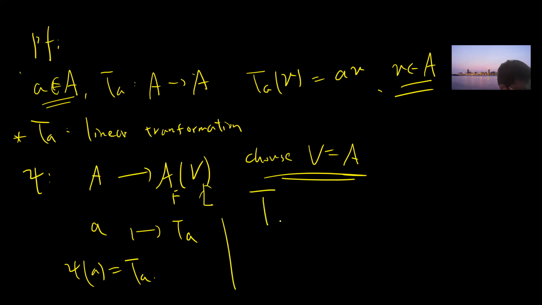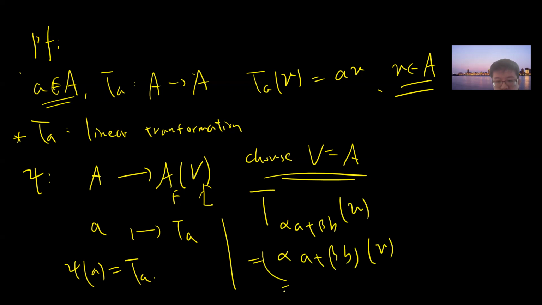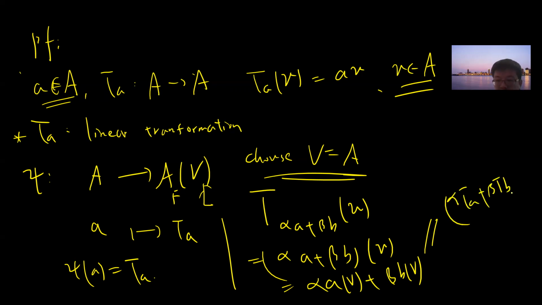Now I can check that if I take alpha a plus beta b applied to v, it is alpha av plus beta bv, since multiplication is linear. So this is alpha T_a plus beta T_b applied to v.